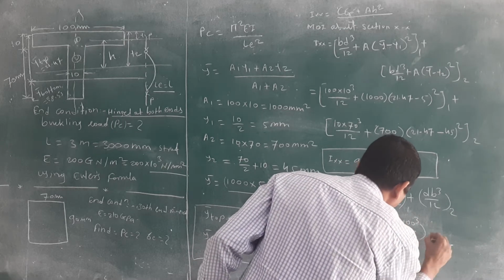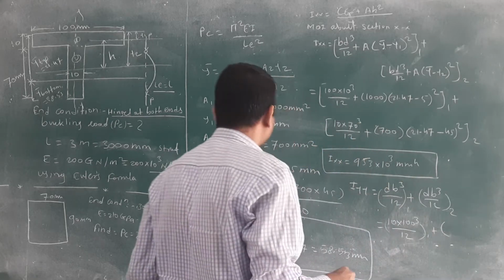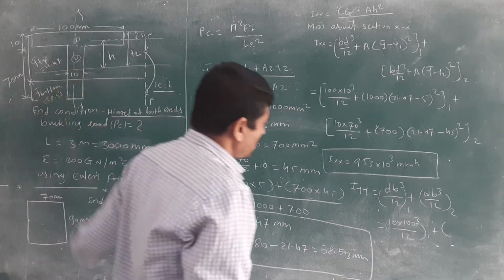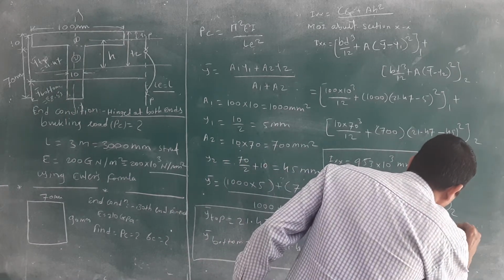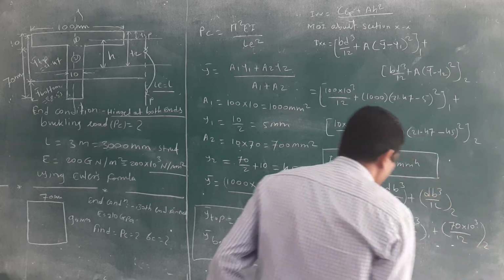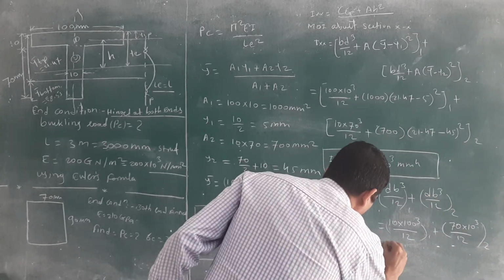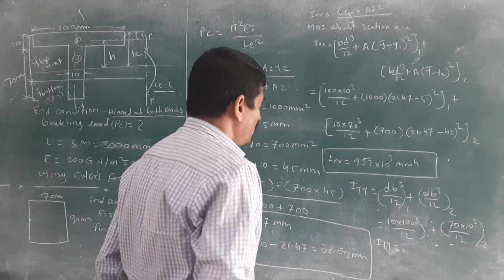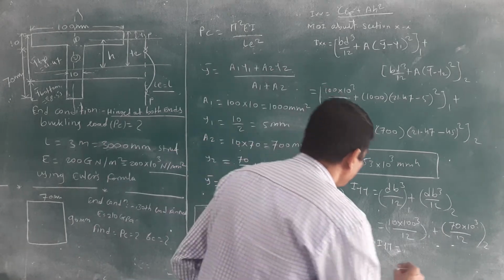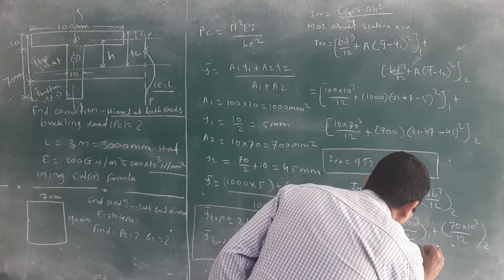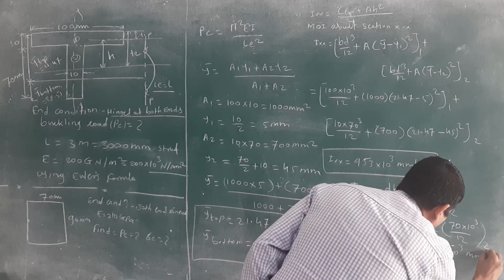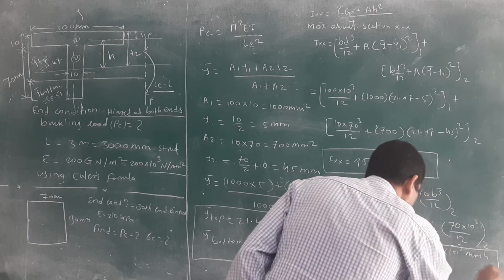This is for first part, plus what is the d for the second part? 70, and b is the 10. 70 into 10 cube divided by 12. This is for second. Do the calculation, then you will get the Iyy is equal to 839.17 into 10 raised to 3. What is the unit? mm raised to 4. Take that.